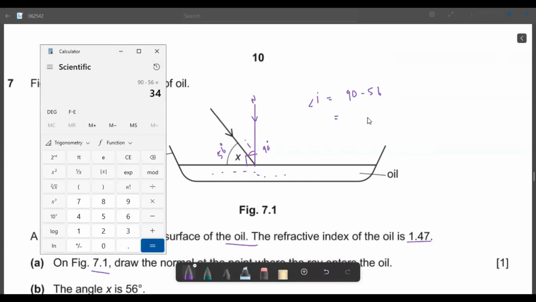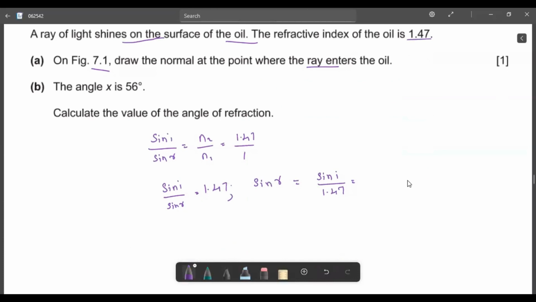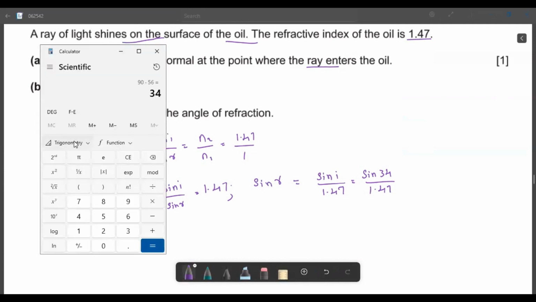That is 34. So i is 34. So sin 34 by 1.47. So sin of 34 will take, that is 0.559 by 1.47.